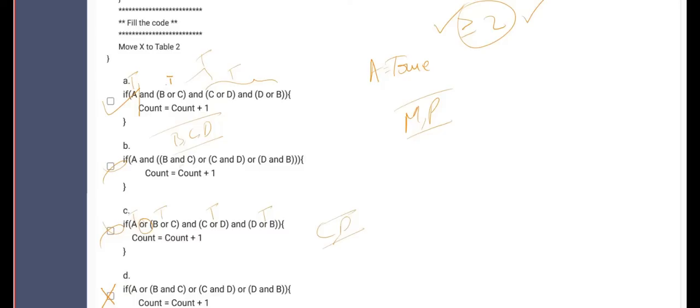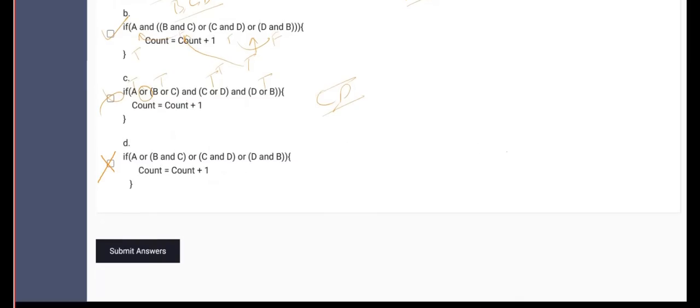This is false, right? False or true or false? True or false? It is true. True or false? This is also true. True and true, this is also true. Therefore A and B are the correct answers. So question number 10 has A, B as its correct answers.